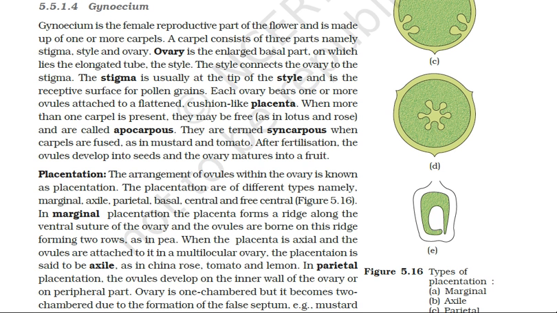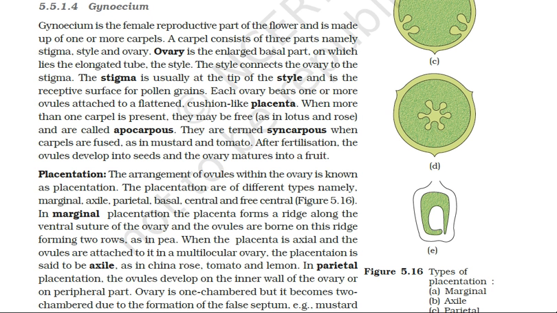This stigma is the receptive surface for pollen grains. Each ovary bears one or more ovules attached to a cushion-like structure called as placenta. This placenta is a flattened cushion-like structure.